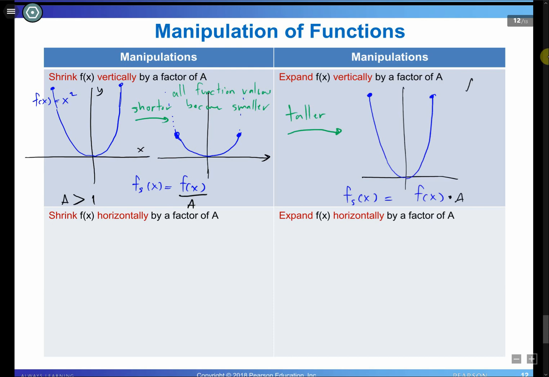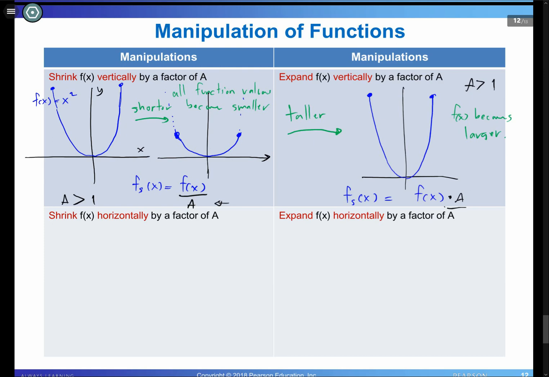Since a is greater than 1, the whole function value is going to be bigger. f(x) becomes larger. So you know what to do. Expanding vertically, you multiply. Shrinking vertically, you divide right here. Now, what about shrinking horizontally?